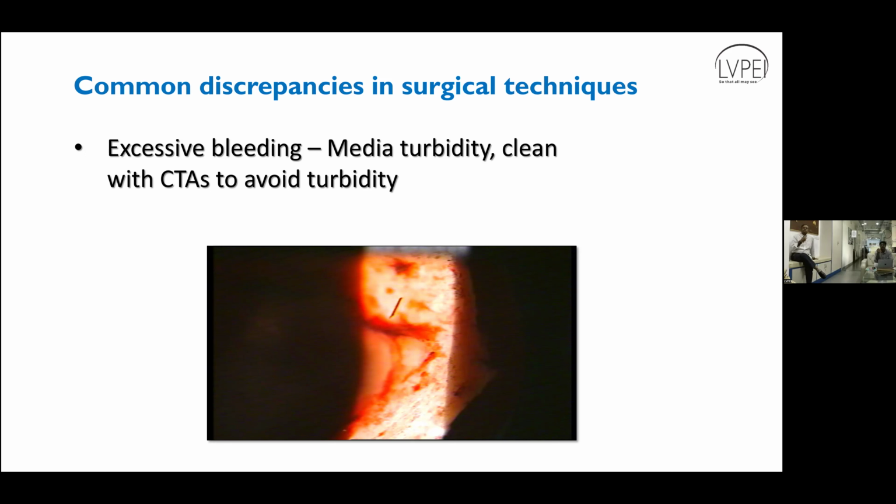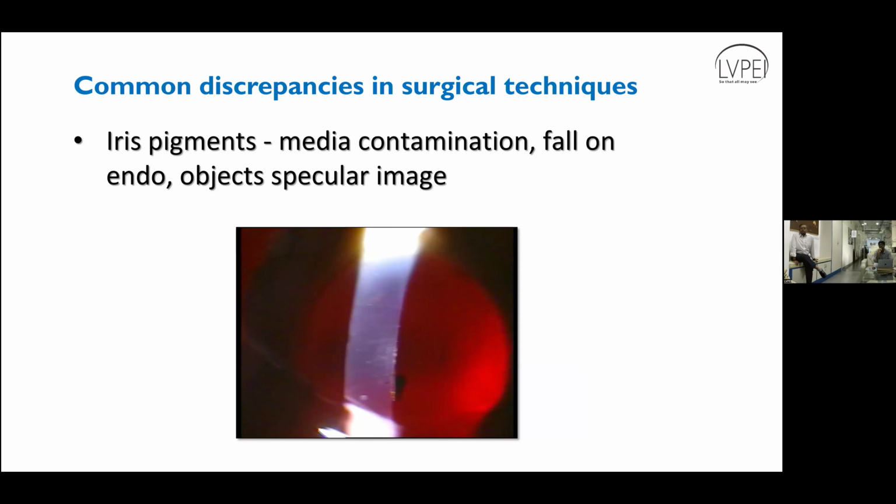Otherwise, if you transfer the cornea into the MK media along with the blood, the entire media will get turbid and you will not be able to visualize the endothelium properly. All the RBCs will settle on the endothelium and it will affect the specular image also. So make sure that the blood is not transferred along with the cornea to the media.